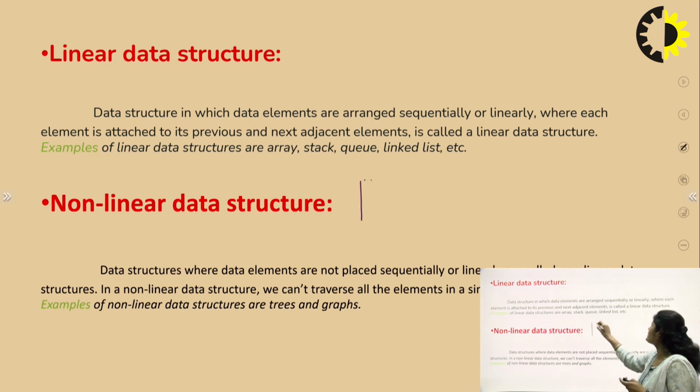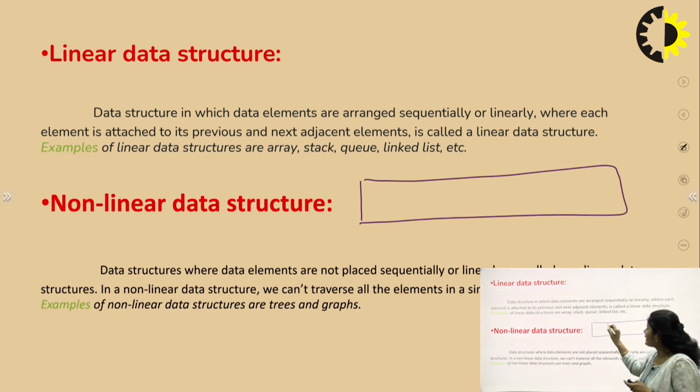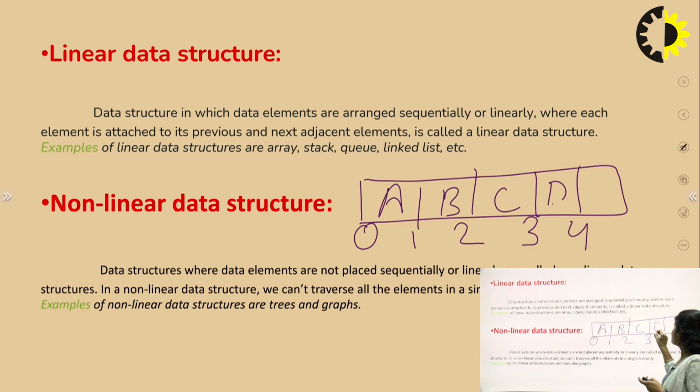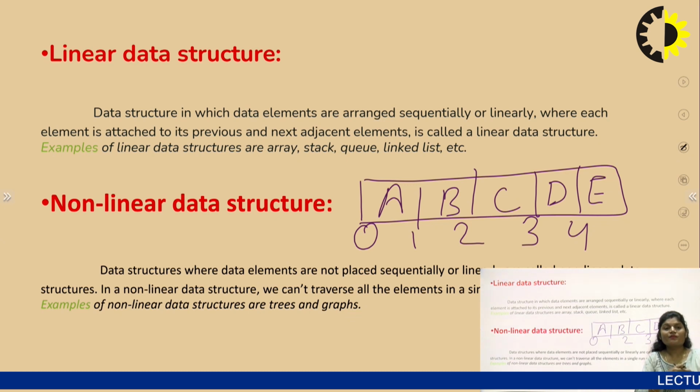If your data is arranged linearly, like an array, where the array index starts from 0, then your data is a linear structure. Like array, queue, and linked list are linear data structures, where all data are arranged sequentially and elements are attached to the previous and next element. Okay, so this is linear.